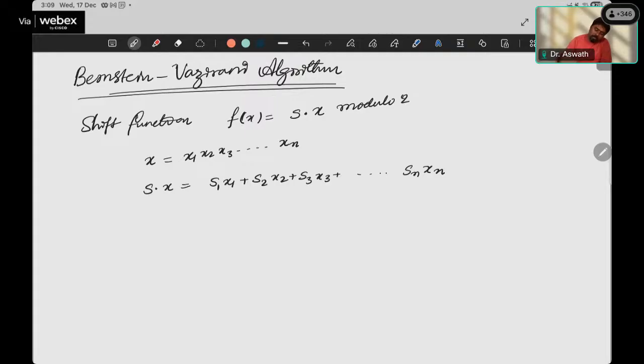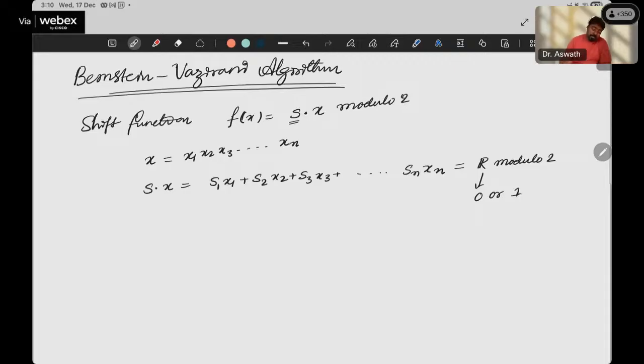Whatever this overall value is, let's say some r, it is converted into addition modulo 2. The value we get would be either 0 or 1. Based on that, we can find what kind of shift the function f of x is using.